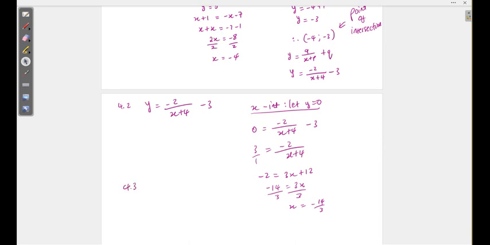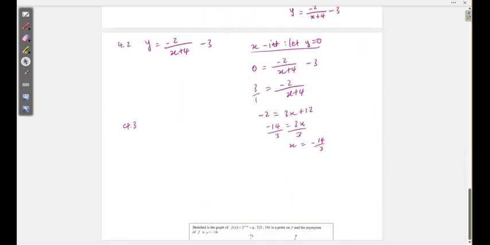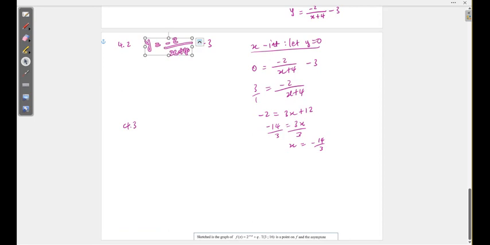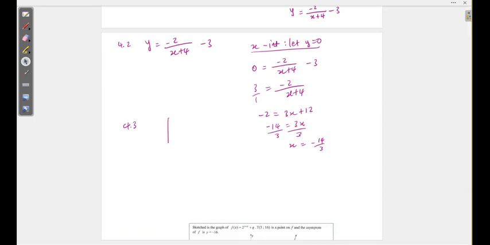And then the last question will be to sketch. Now when you sketch, just be careful of the value of a. Since the a is negative, we draw the graph like this, and we start with the asymptotes. Again, this will be x, this will be y. If this is x plus 4, the vertical asymptote means x is equal to negative 4, so it will be this one here.